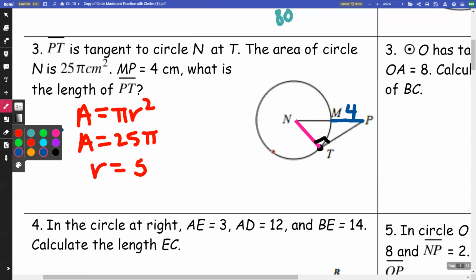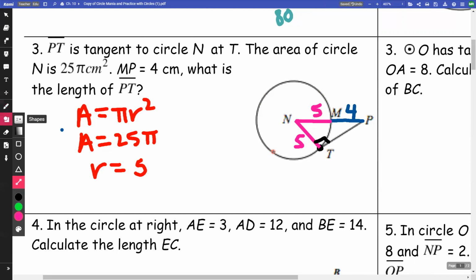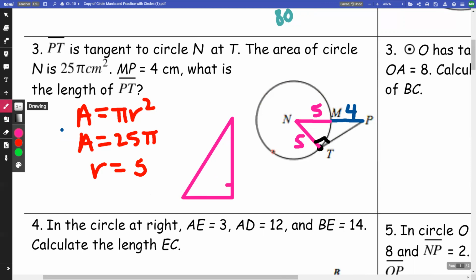And if that is 5, I also know, because this is also a radius, that this is 5. So I have a right triangle with a 9 here and a 5 here. And I'm trying to find this.